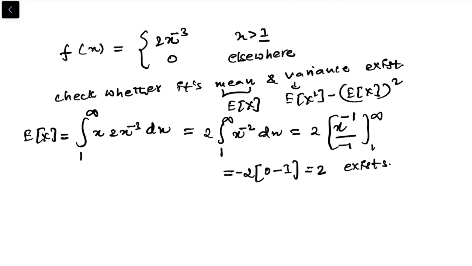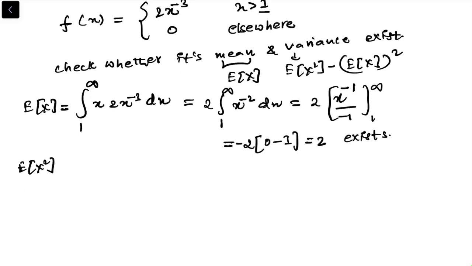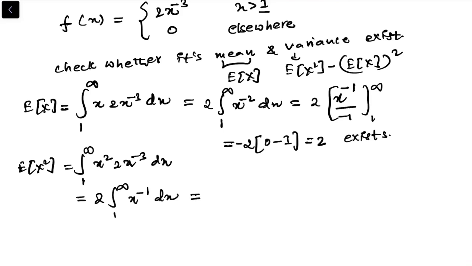Now what about the variance? So for variance we need to calculate expectation of x square. So this is again from 1 to infinity. In place of x we write x square, and then PDF dx. We can bring 2 outside. So this is from 1 to infinity, x to the power minus 1 dx.